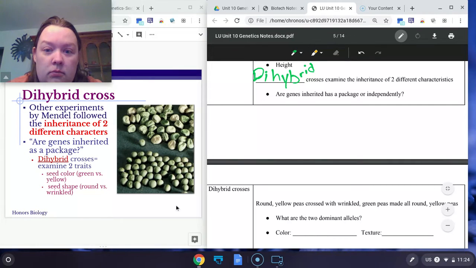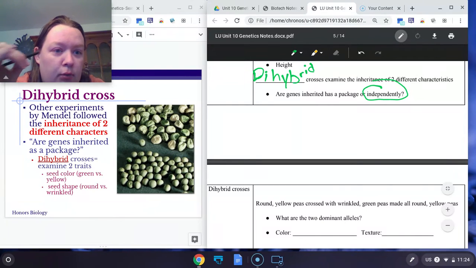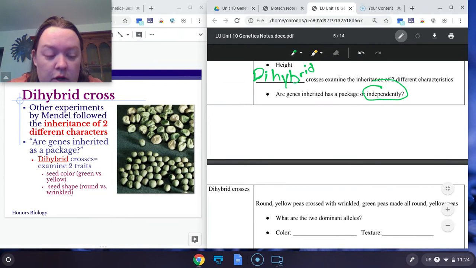Now remember, going back to some of the basic laws that Mendel discussed, all genes are inherited independently of one another. So your eyes aren't blue because your hair is brown. You have a chance of having brown hair, but you also have another chance of having blue eyes.